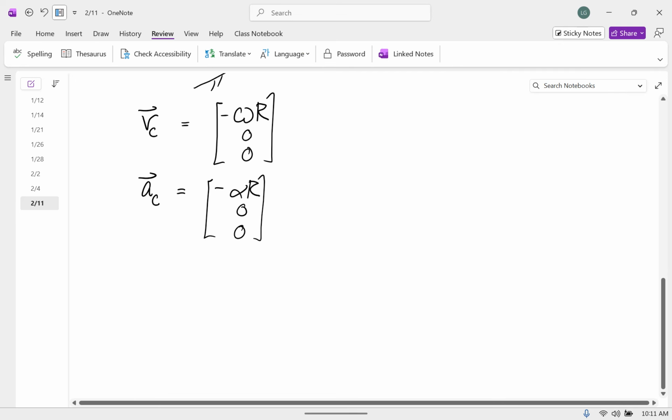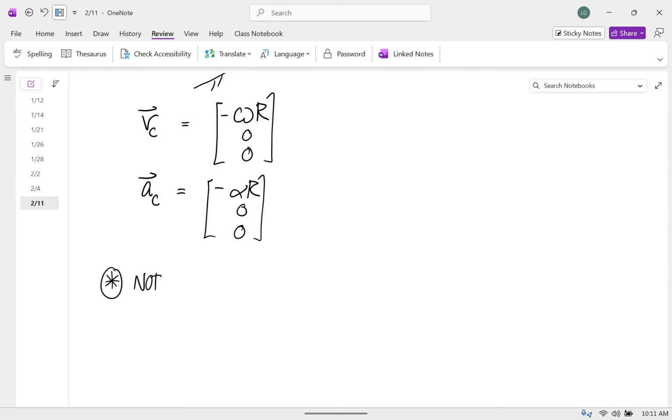Okay, so notice there's two things here. These are the things that I've already been belaboring, but we'll get them down. The first one is that the coordinate system is always aligned with the path for this to work. Once you use this rotated coordinate system that's aligned with the path to get these values, then you could use a rotation matrix or whatever technique you want to convert to whatever coordinate system you want.